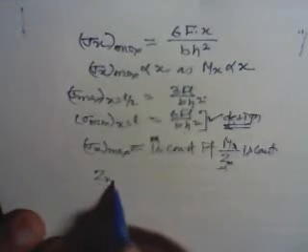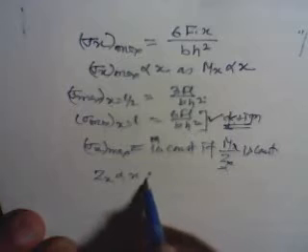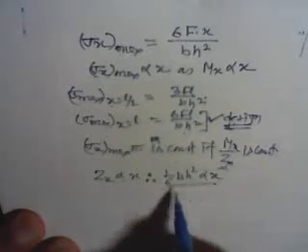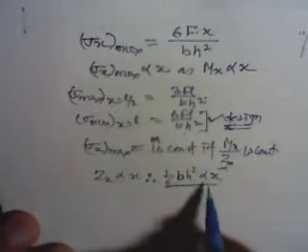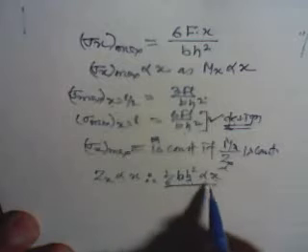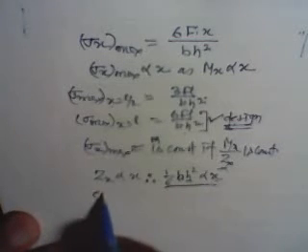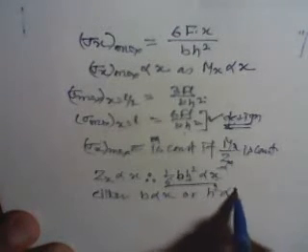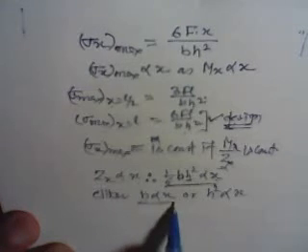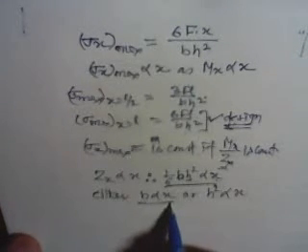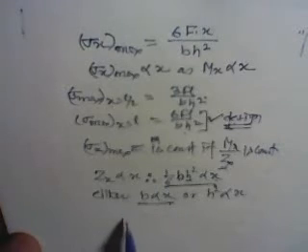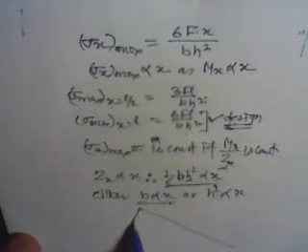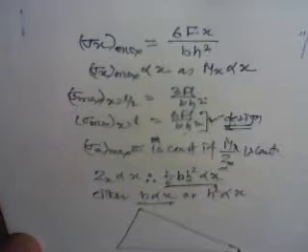So if Z has to be directly proportional to X, it means 1 by 6 BH square has to be directly proportional to X. Now we have two options: either B can be directly proportional to X or H square can be directly proportional to X. B directly proportional to X will give us linear variation, which is easier to obtain. So that is why we make this cantilever of this type of section.